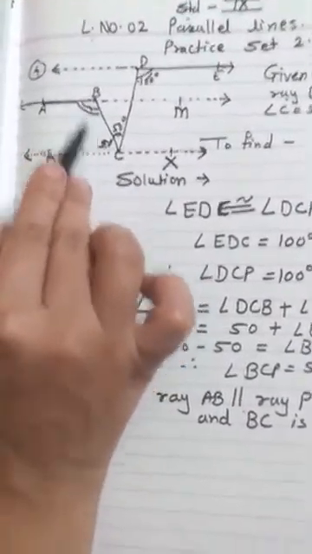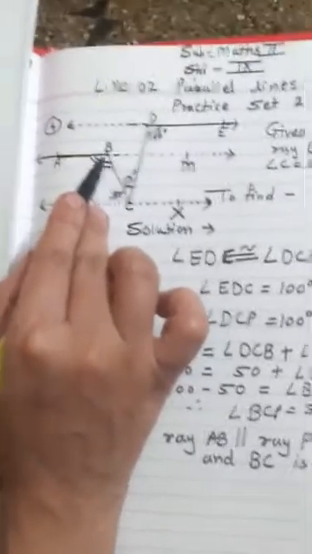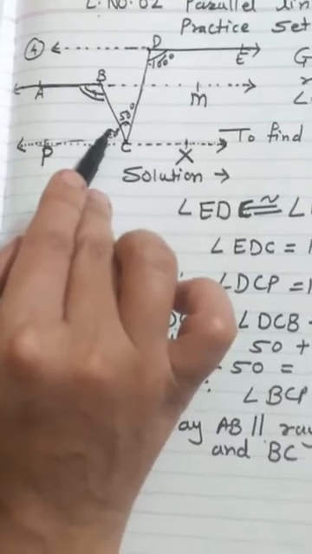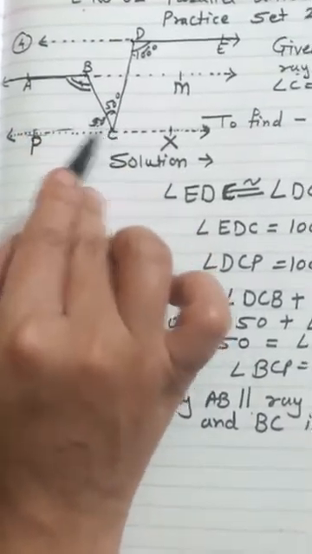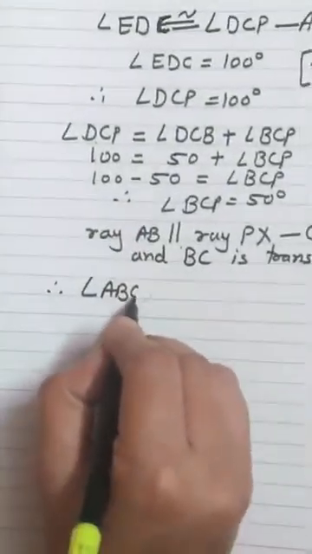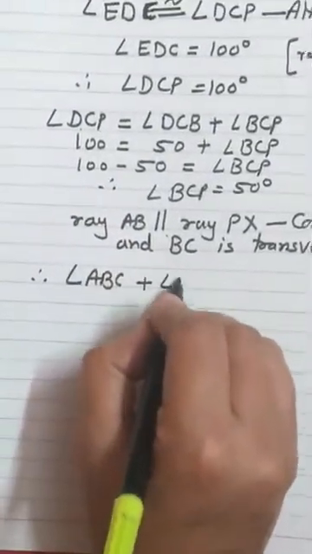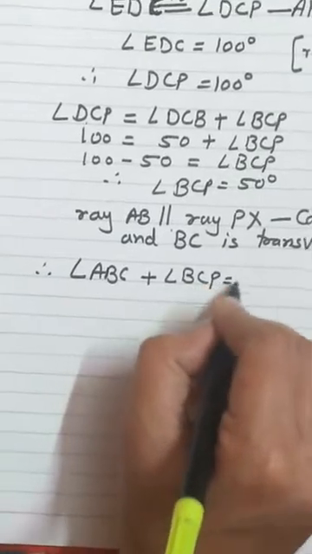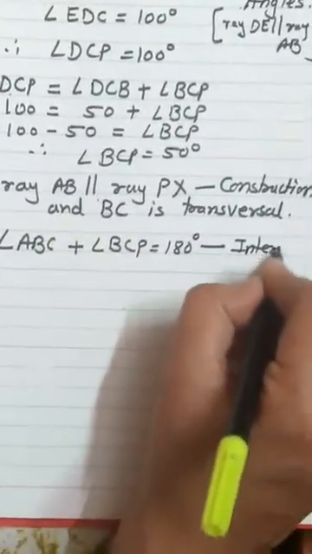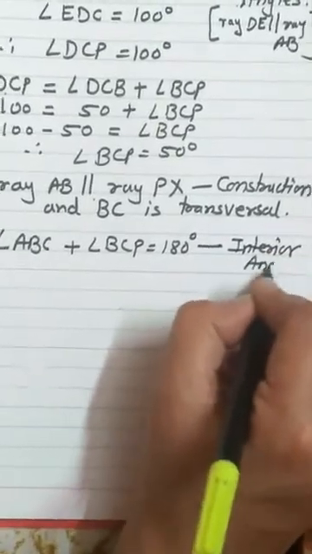So these two angles are formed. What is the name of this angle? ABC. And name of this angle? BCP. Therefore, angle ABC plus angle BCP is equal to 180 degree, as it is interior angles.